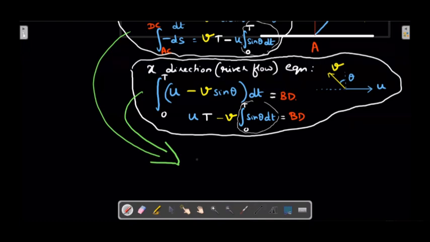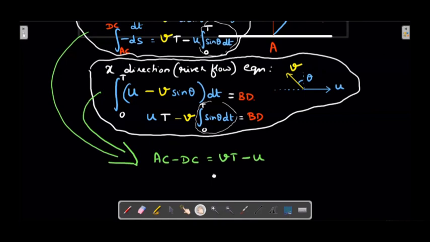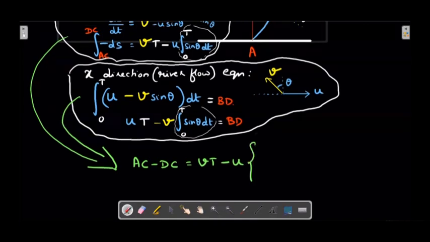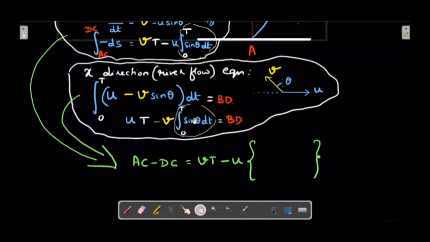I'll substitute this one's function in this one. So on the left hand side, AC minus DC is equal to VT minus U times, I'll substitute this function here.